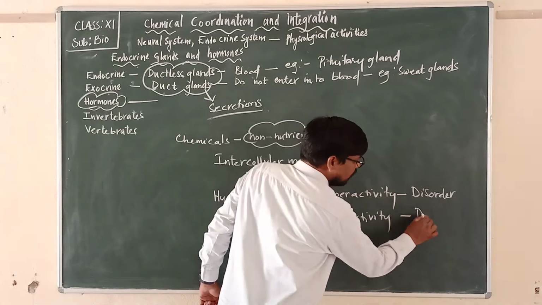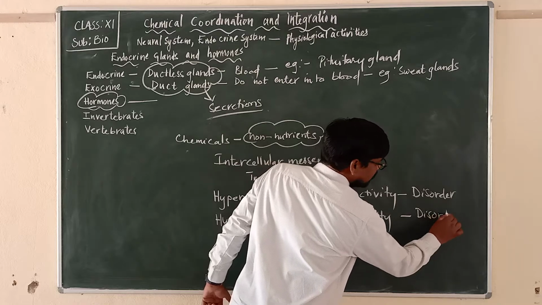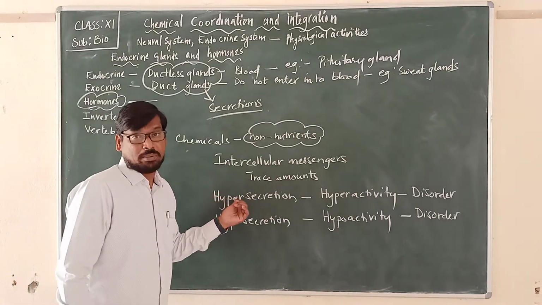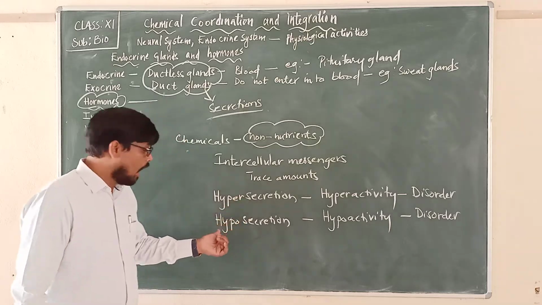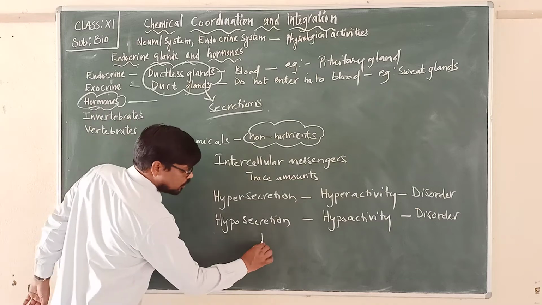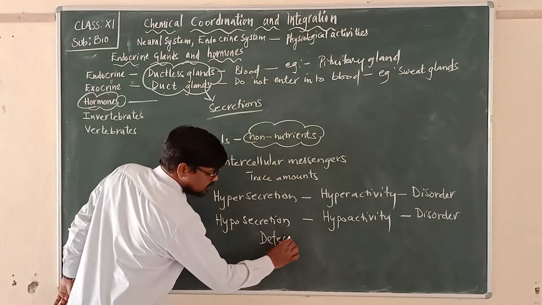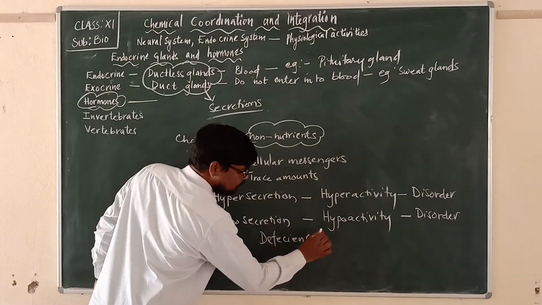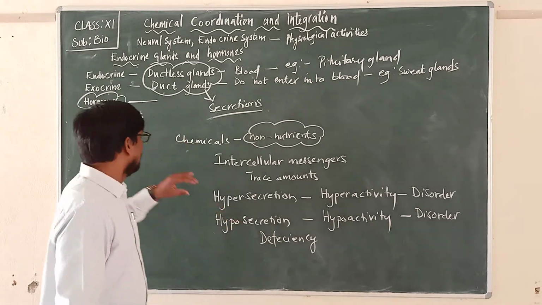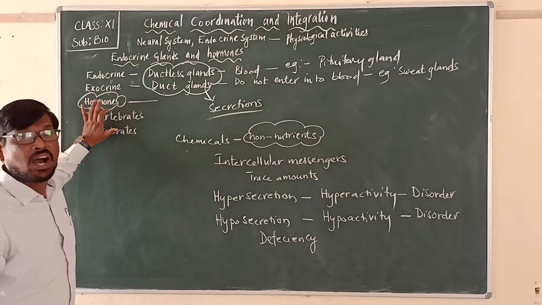Even then it leads to what? Disorder. Is it clear? So we have to remember these words: hypersecretion, hyposecretion. For hyposecretion, we also use another simple word called deficiency. That's the point we have to remember regarding the hormones.